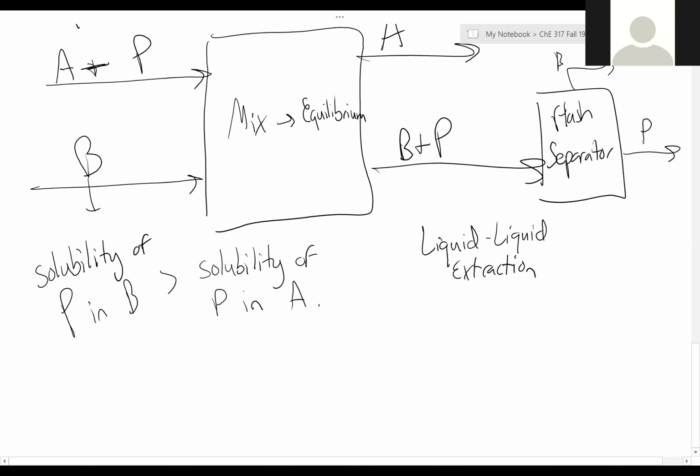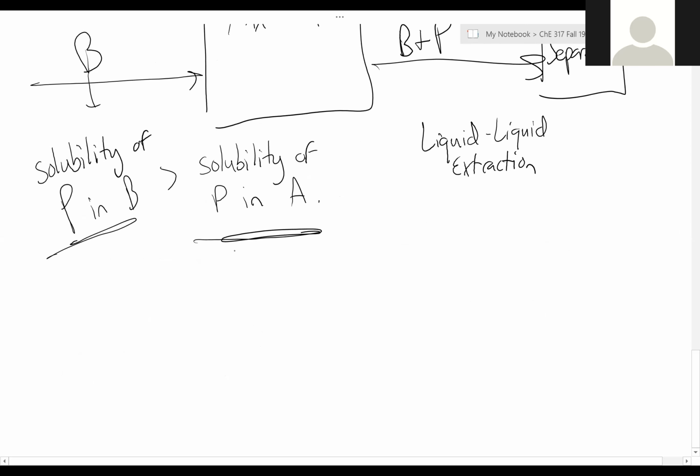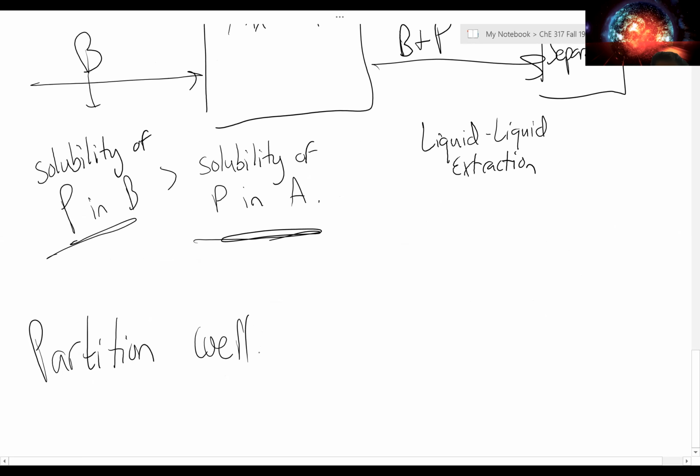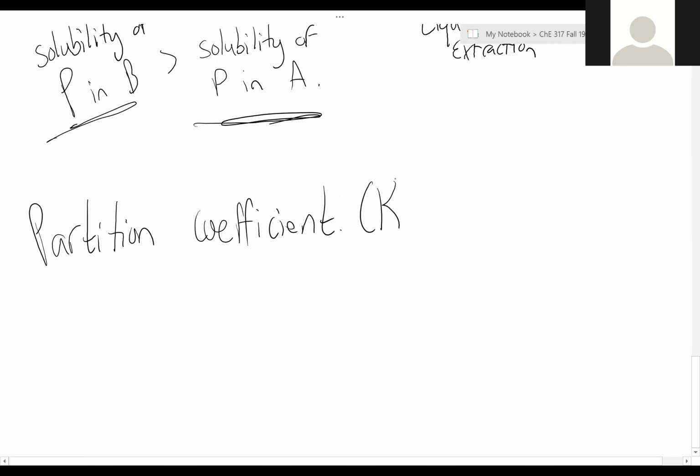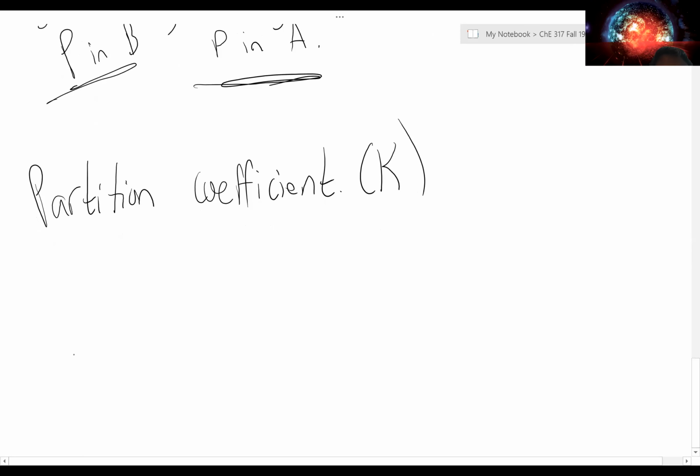And so looking at this relative ratio of solubilities, a lot of times we call this a partition coefficient, which we denote K because apparently we always have to use K for everything just to make it confusing.